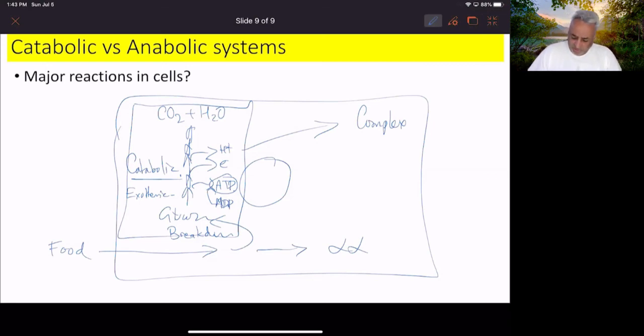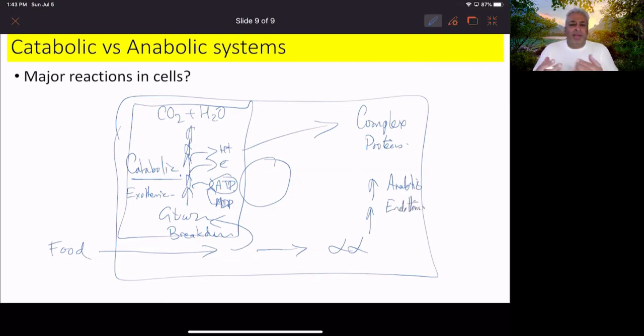And in the cytosol, they can be then built up into proteins. So proteins are more complex. They contain peptide bonds, and then they fold into whatever configuration they need to. So that's a building up type of reaction. So building up reactions are called anabolic. And in general, they are endothermic reactions.